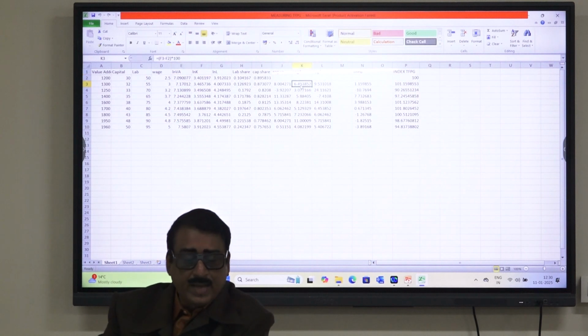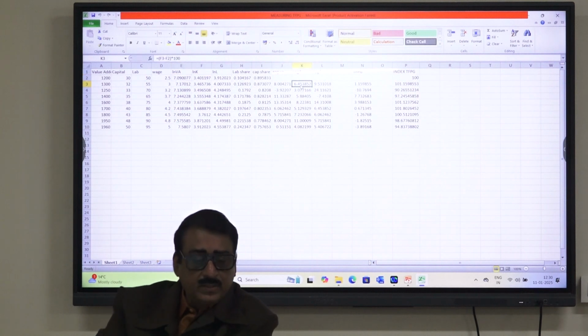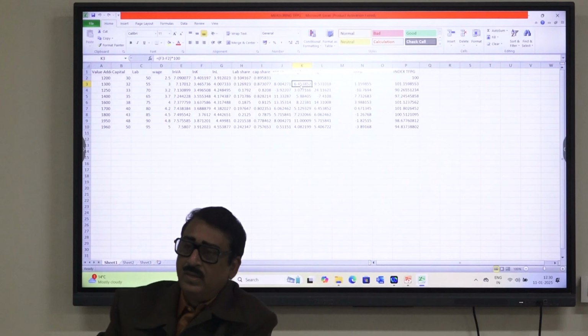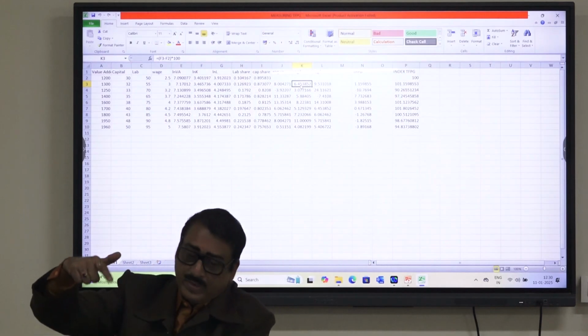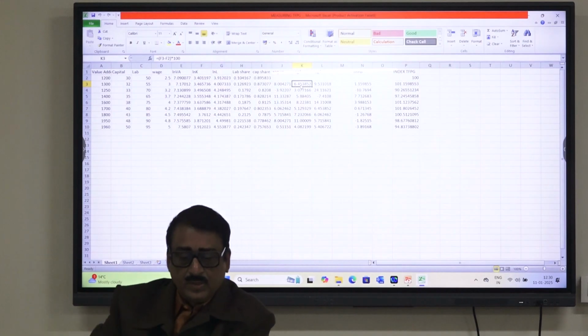Similarly, growth rate in capital, how am I doing? F3 minus F2. F3 is what? F3 is log of capital. Log of capital in one year minus the log of capital in the previous year. So I get that. Similarly, I also calculate the rate of growth in labor.